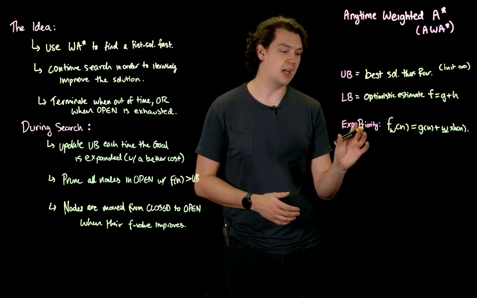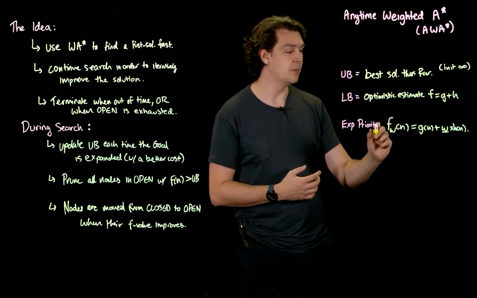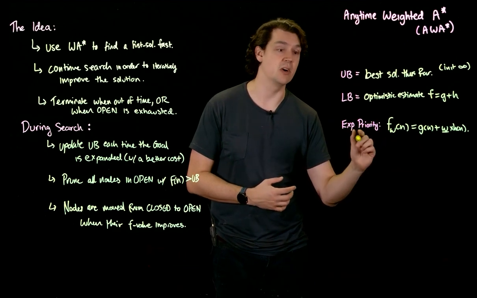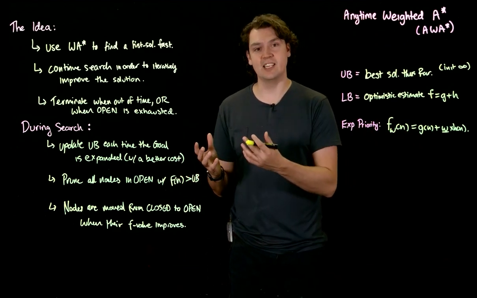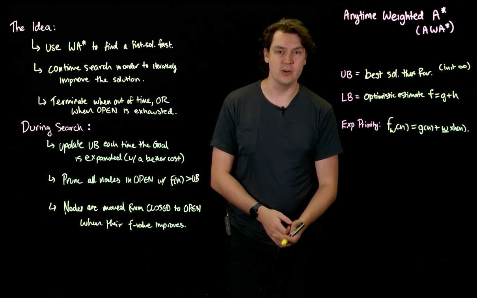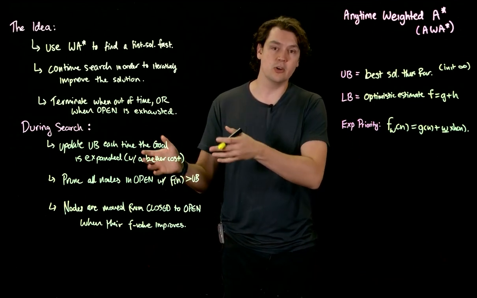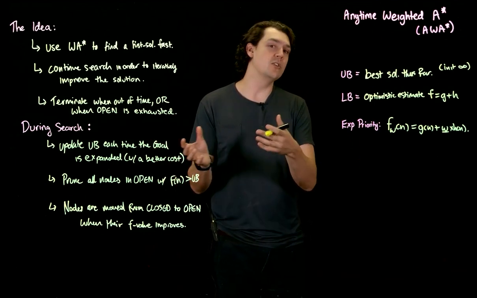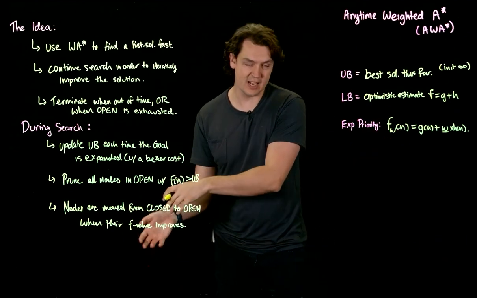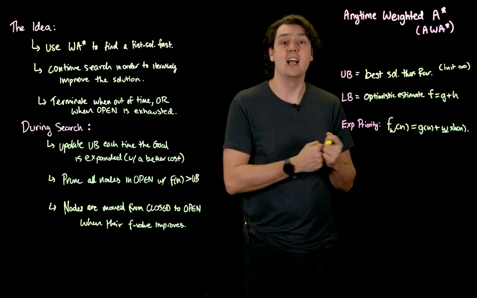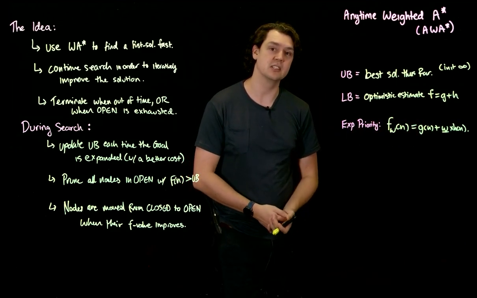Well, we need to remember our expansion priority. Our open list is ranked and sorted in order of the W greedy estimate, by F_W of n. What that means is we can never know, based on this greedy ordering, that if there are still nodes in open, and you expand the greedy version, we won't take another node back from closed, bring it in, and its actual F value might be a better cost solution.